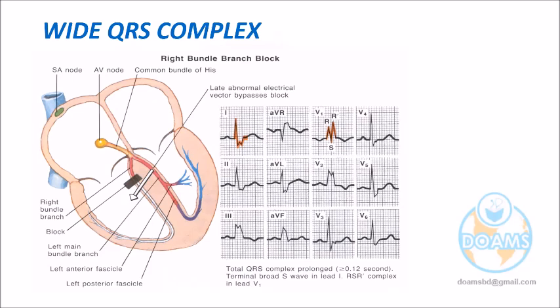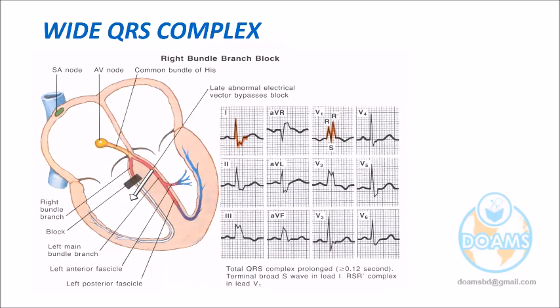Why is this R? Why is this S, Dr. Ibrahim? Because this is below the baseline. Right. The definition of S wave is the deflection below the baseline after R. The deflection below the baseline before R is the Q wave.